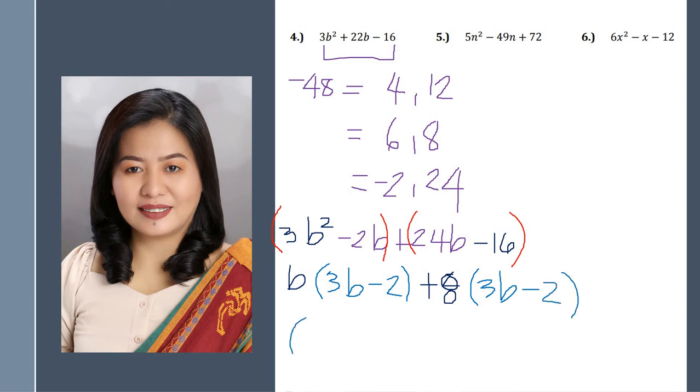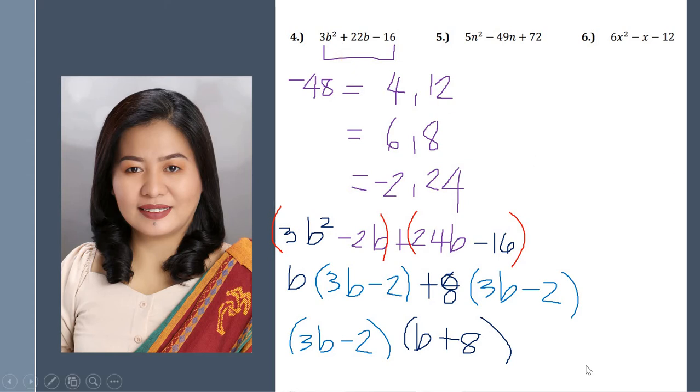So 3b minus 2 is common, and the other factor will be b plus 8. So we have 3b minus 2 and b plus 8. So these are the factors of 3b squared plus 22b minus 16.